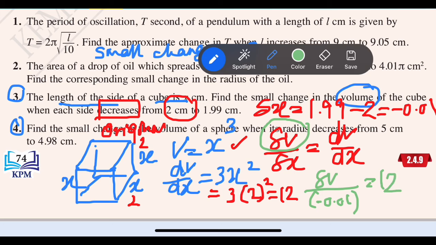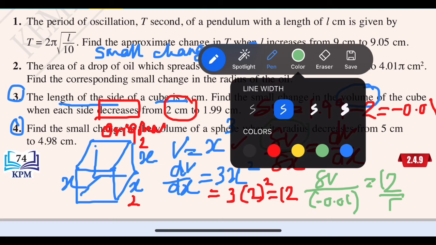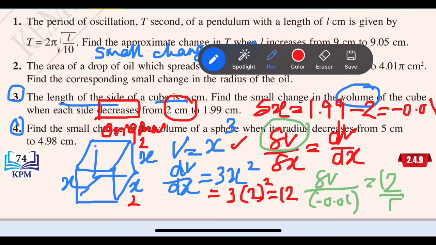You substitute into there, so you will get the answer for dV/dx is 12. And then by writing the formula delta V over delta x equal to dV/dx, you can find your delta V easily. Just take dV/dx times delta x, which is 12 times negative 0.01. So the answer is negative 0.12.